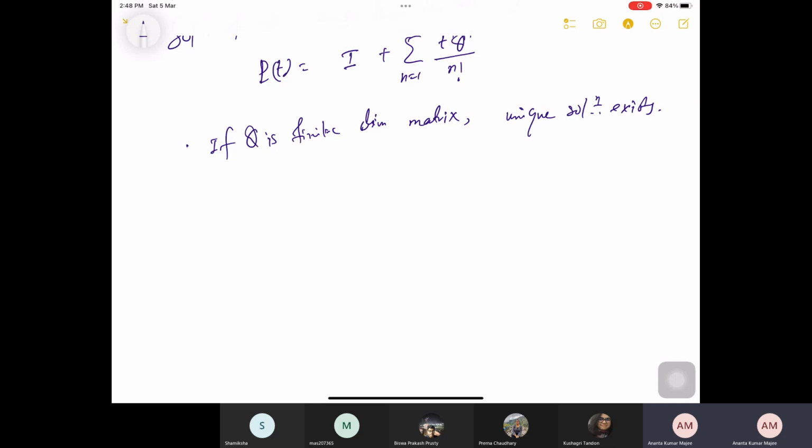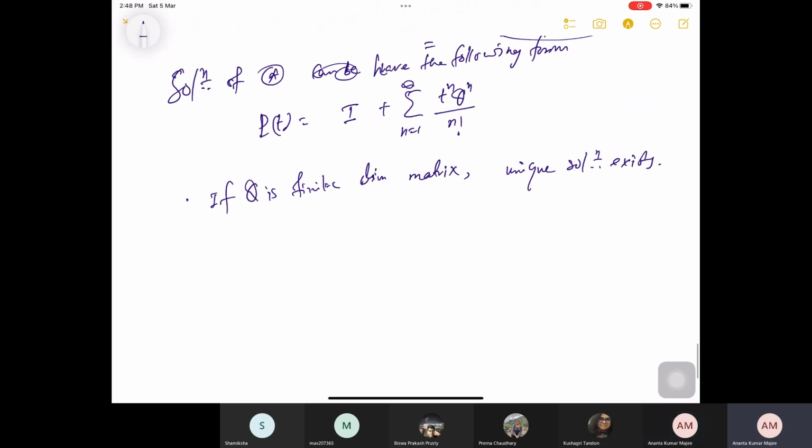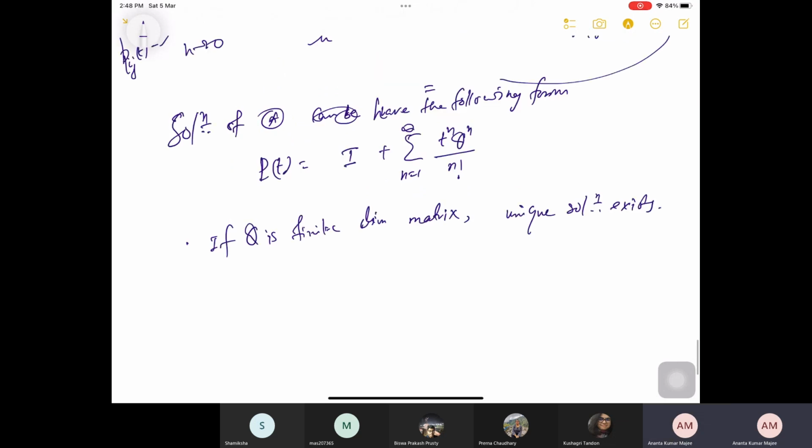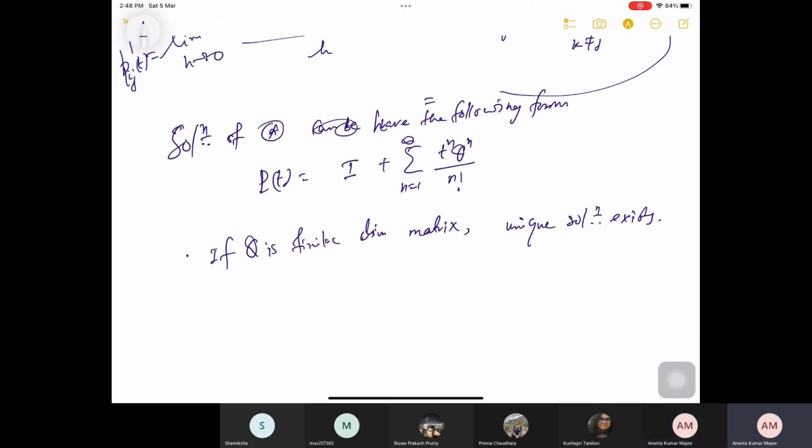That is all matrix calculation. But see, because you have this matrix, I plus this thing, it is nothing but e to the power t of Q.